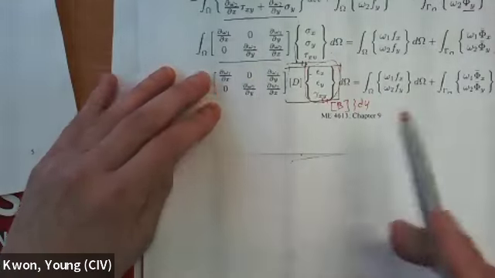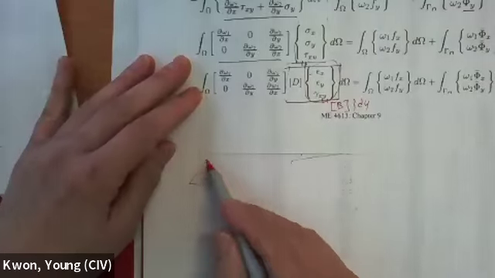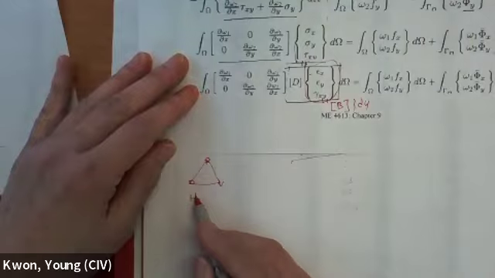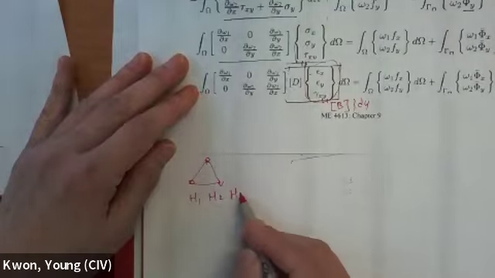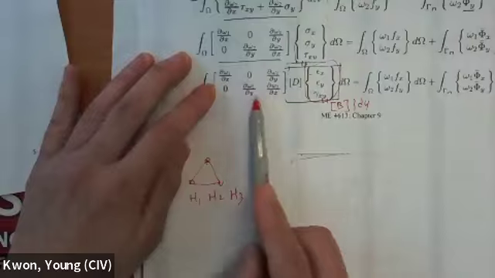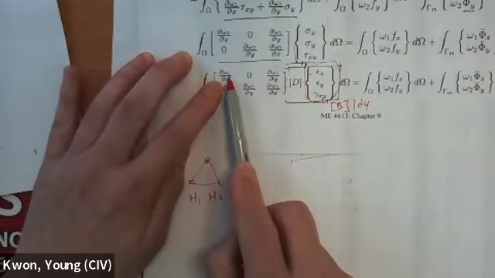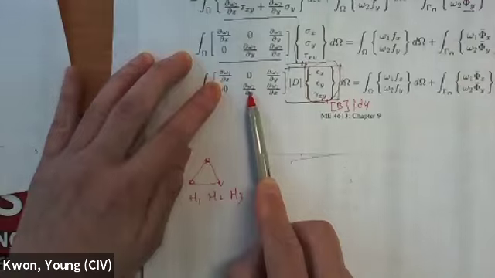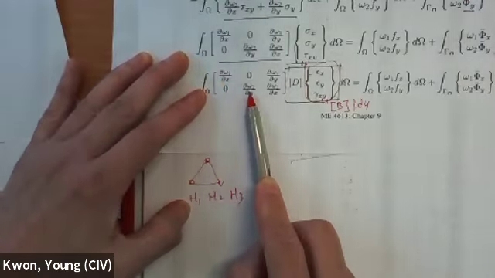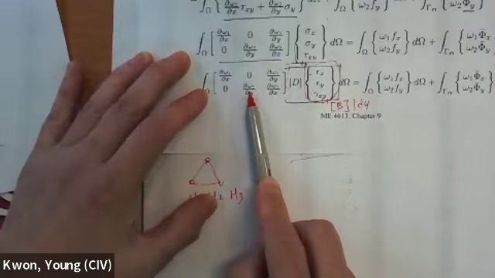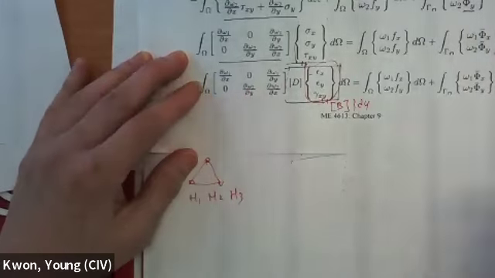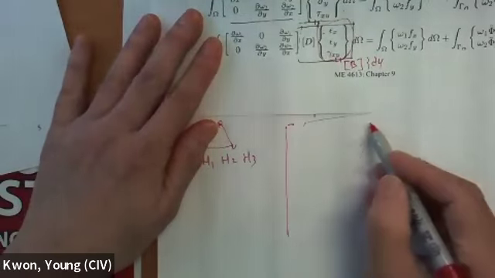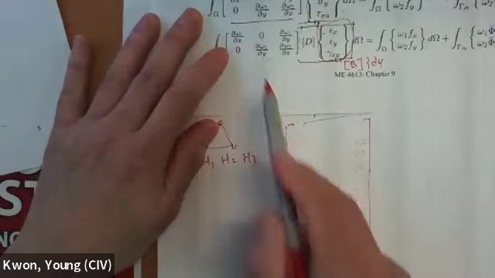And in this triangle element, linear triangle element, I have 3 shape functions, H1, H2, and H3. So this W1, W2 are going to be replaced by H1, H2, and H3. In other words, I hope you understand exactly what I'm talking about.